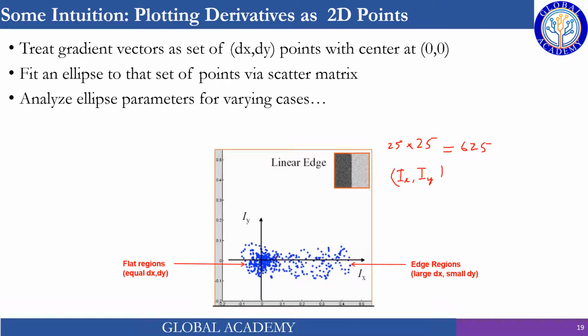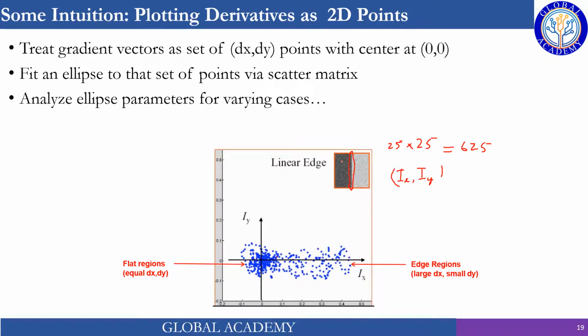So you will get a scatter plot like this one, because there is an edge along the vertical axis. So you will get greater values of ix on this edge, I mean within this region.